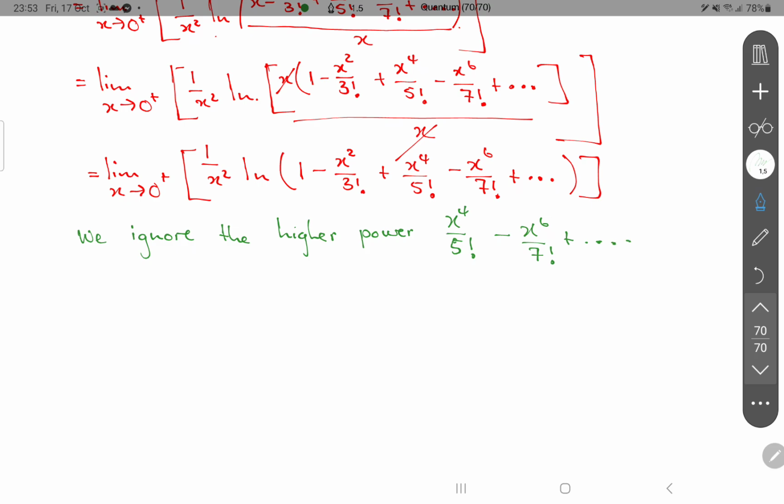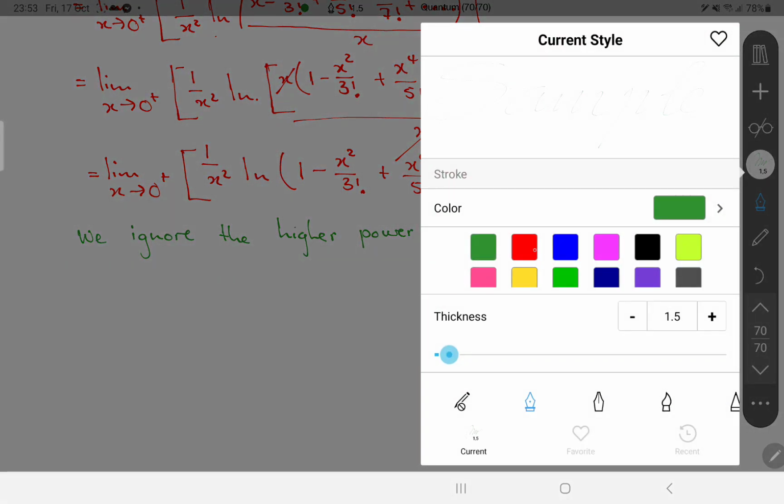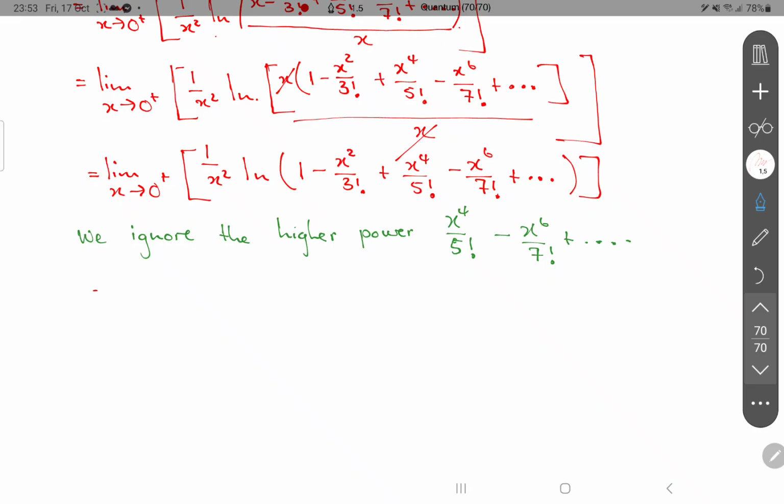This is what we ignore. So what are we saying? The limit as x approaches 0 is 1 over x squared, the natural logarithm of 1 minus x squared over 3 factorial.